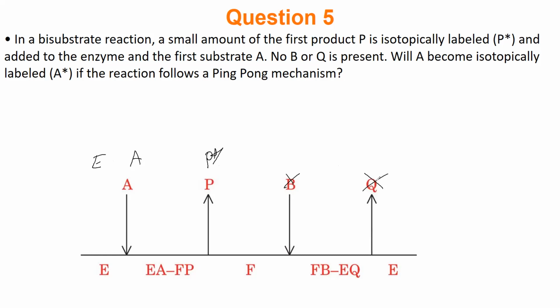If my enzyme follows the ping pong mechanism, will I eventually get this A to be labeled? Think that over. Take like 45 seconds to a minute. Think to yourself, based on the situation I just had here, will we have labeled A? So this is a good way to see if you understand what ping pong means. And that's basically the point of this question. So I'll give you like 30 seconds to a minute to think about this.